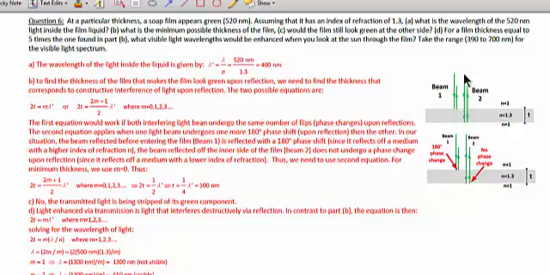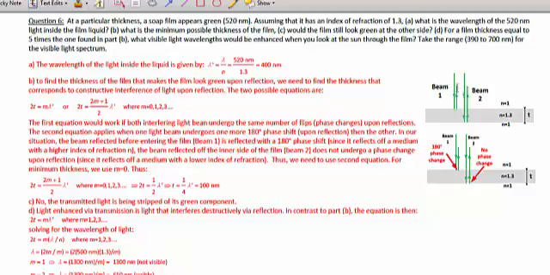However, beam 2 goes into the soap and is reflected off the second surface. The indices of refraction are n equal 1, that's air, n equal 1.3, that's the film, and then n equal 1, that's air again. The thickness of the film, we are designating it as t.